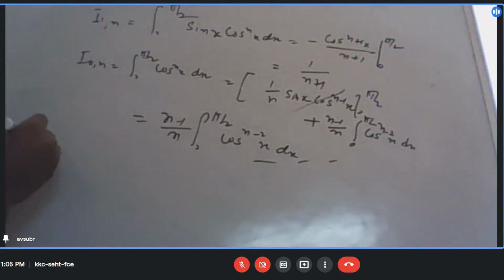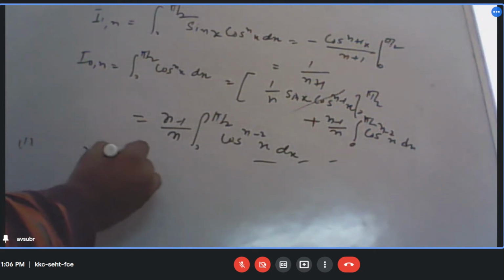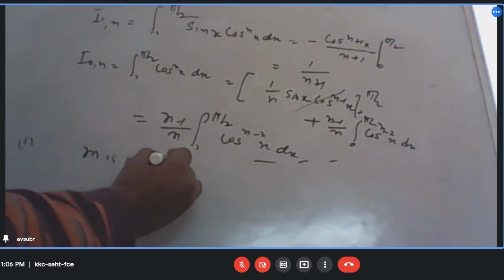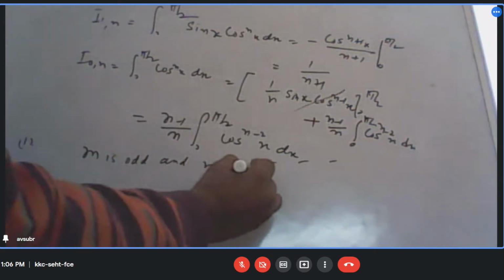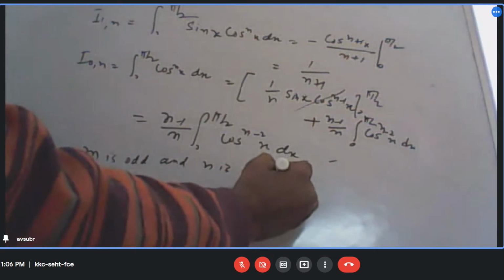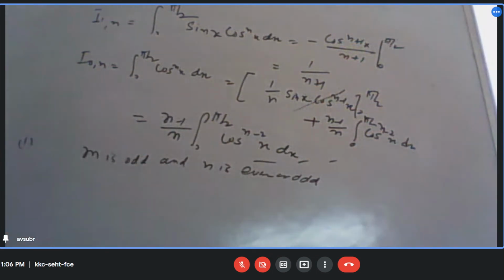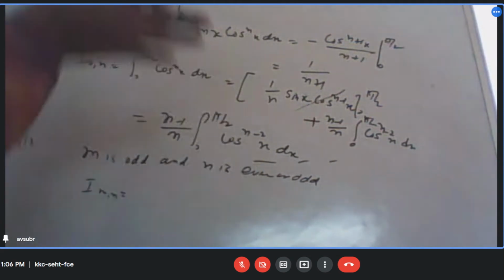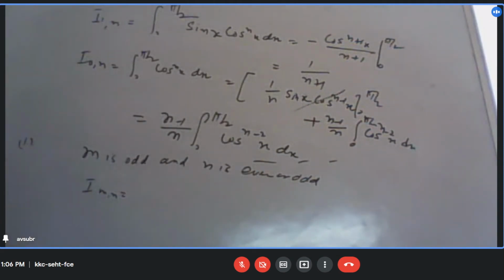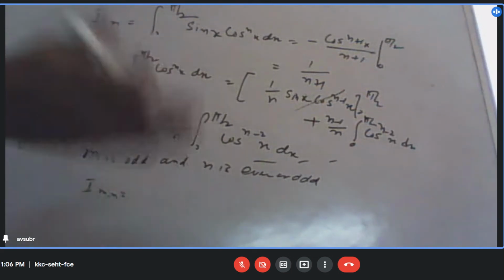So now we will have certain answers. So first of all, if m is odd and n is even or odd, whatever the way, according to the Wallis formula, we will get this thing. We can use it, the formula which we just found out, the recurrence relation, when we put all those values.